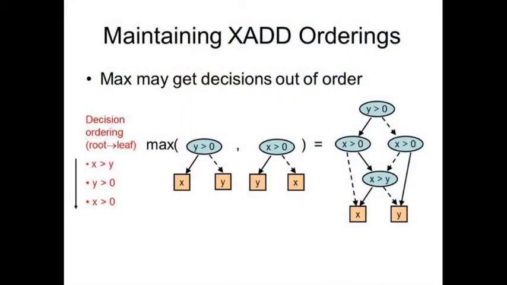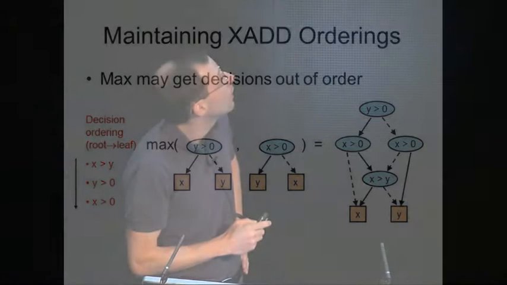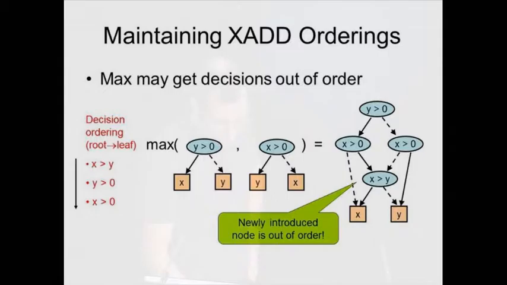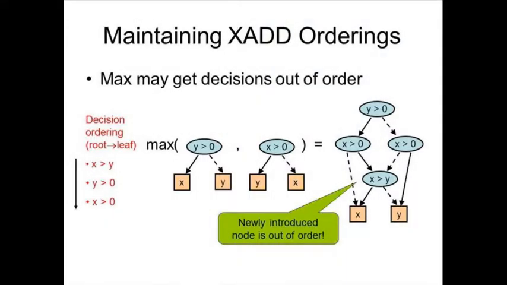What if I knew that x greater than y occurred before these two, but when I did this max, the x greater than y got inserted at the end? It's out of order. It should come before these other two variables. So that's one issue, and I can correct it. I'll show you in a second. I'm not going to show it here, but when you substitute variables, you can also easily get things out of order, and that's also a problem.